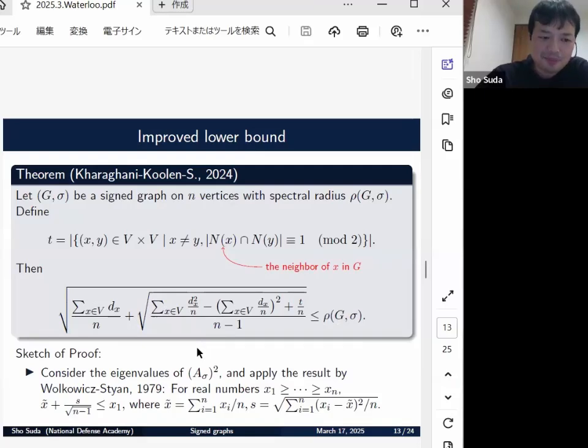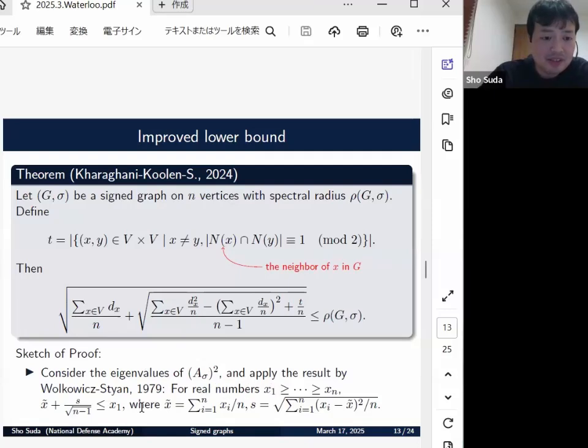I didn't give a proof in detail, but I want to share with you a sketch of this proof. We consider the eigenvalue of the square of our signed adjacency matrix, and just apply an old result shown by these two people, maybe more than 40 years ago. I think this result appeared in statistics.